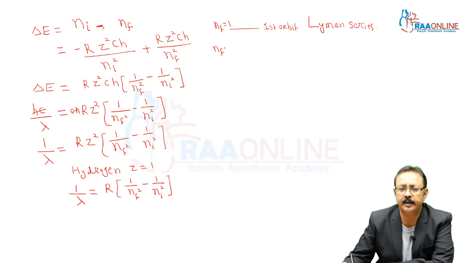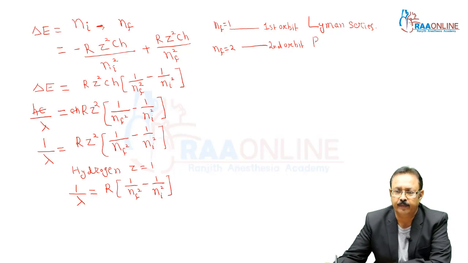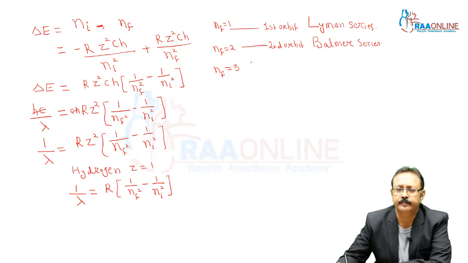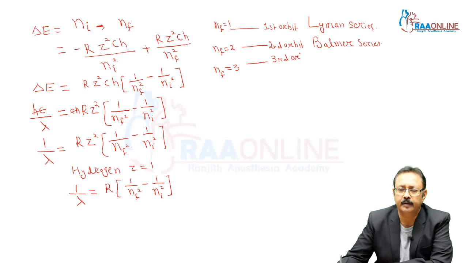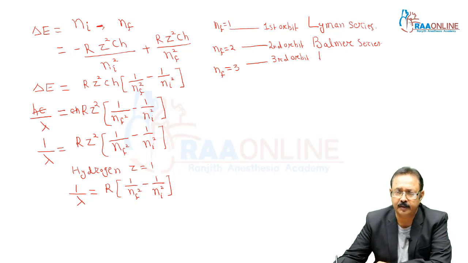If the final destination is the second orbit, electrons are jumping from higher energy levels into the second orbit. Again you will get one series, which is known as the Balmer series. If they are jumping into the third orbit, coming from higher energy levels, you will get the Paschen series.